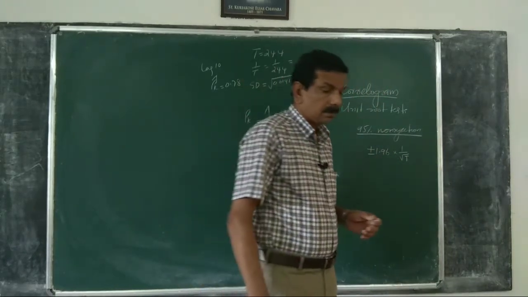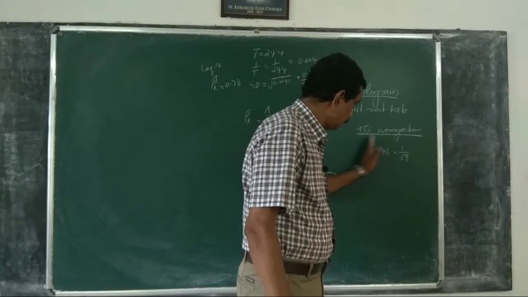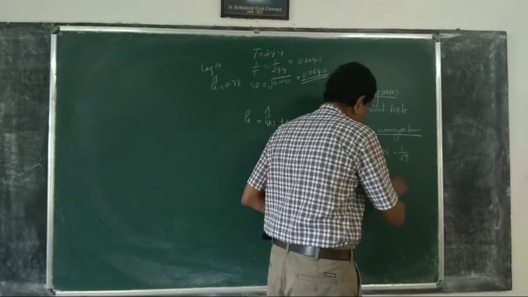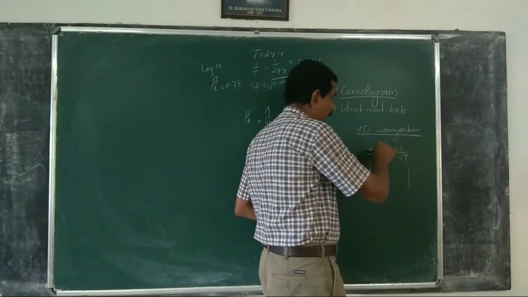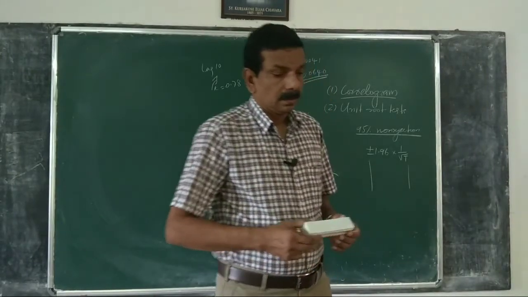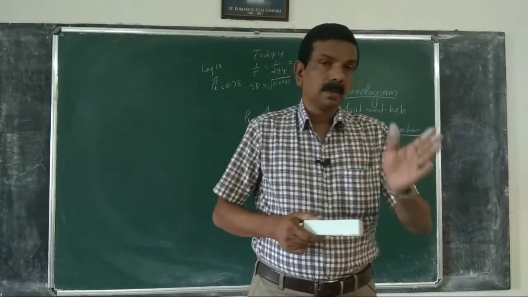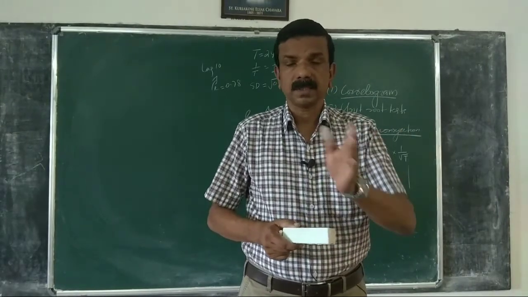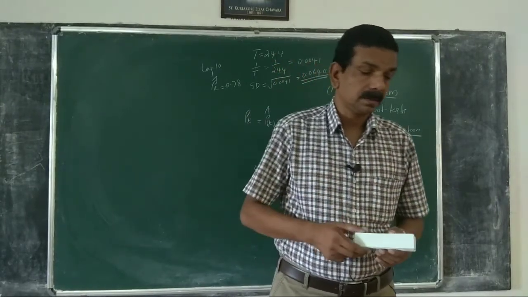Now, if the value of rho hat is inside this region, inside plus or minus 1.96 into 1 by root T, then you do not reject H0. If the value is outside, you reject H0.